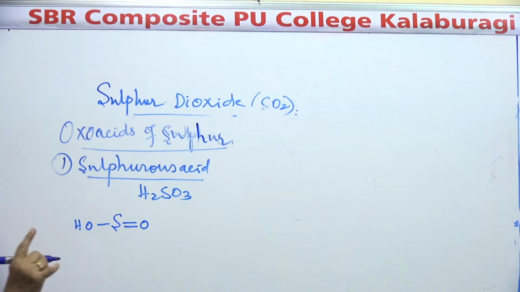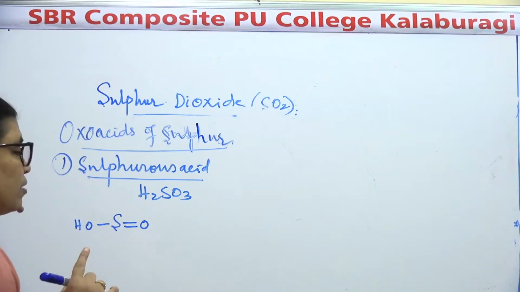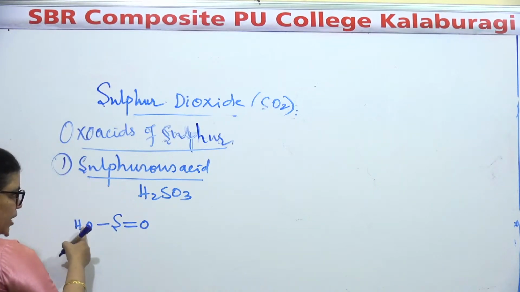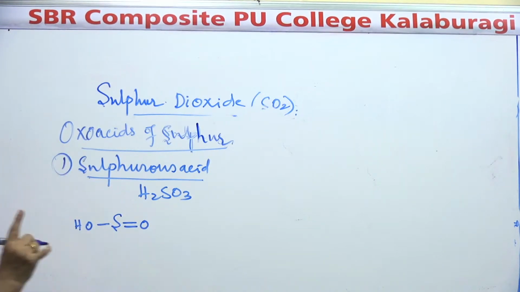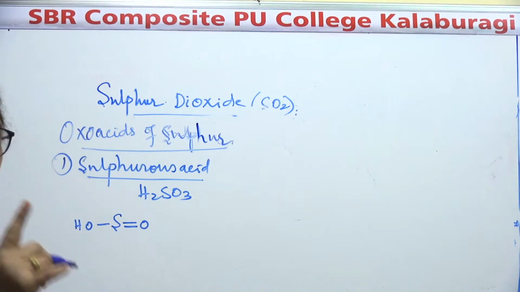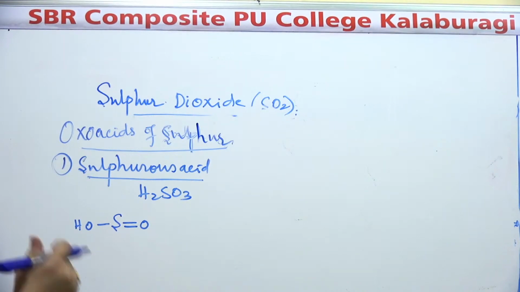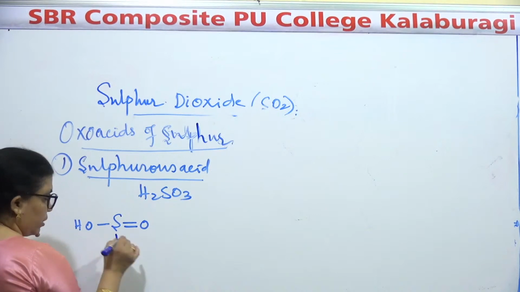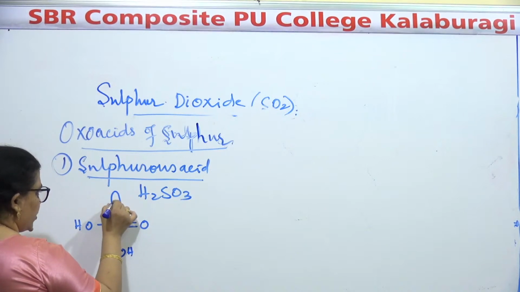Because we are having sulfurous acid with respect to what? S double bond O, and here we are having OH. Remember one thing, whenever we calculate the oxidation state, it should not be more than its valency. Then we can write the lone pair of electrons.